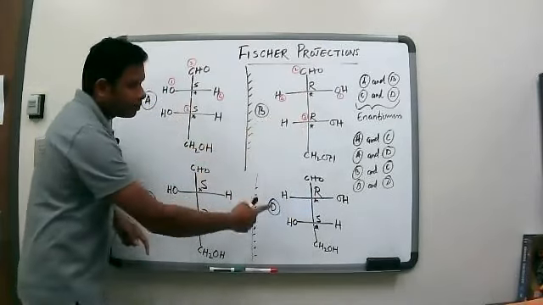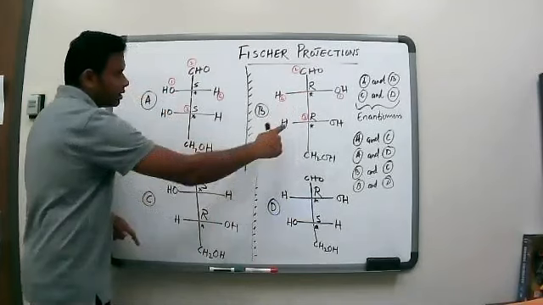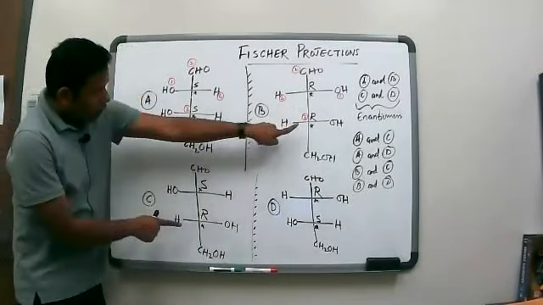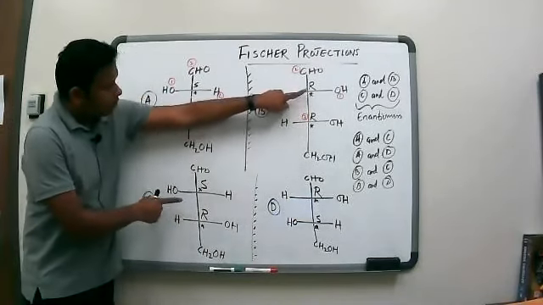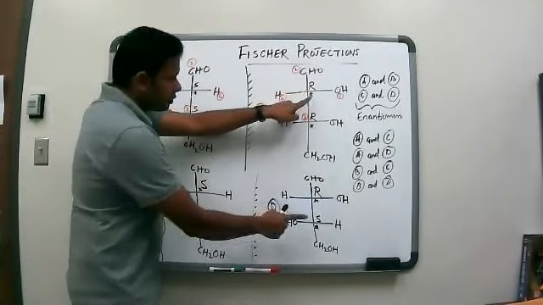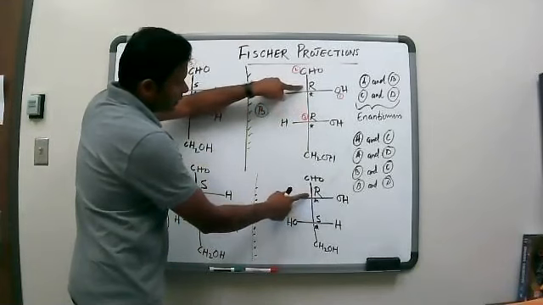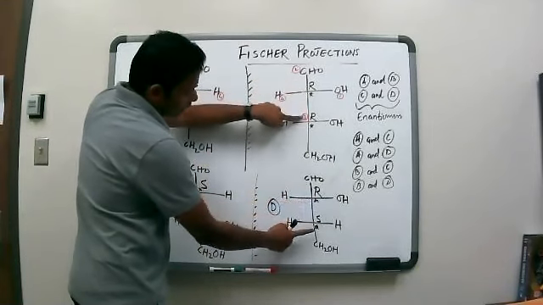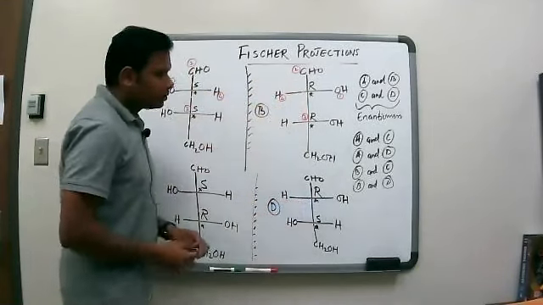So diastereomers again, between B and C. One stereocenter is retained, the other stereocenter is inverted, diastereomers. Between B and D, one stereocenter is retained, the other stereocenter got inverted, so diastereomers.